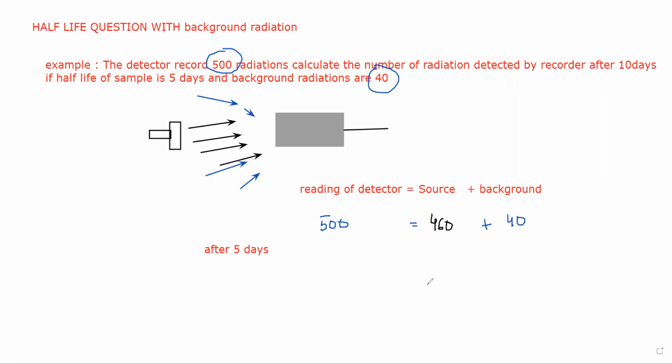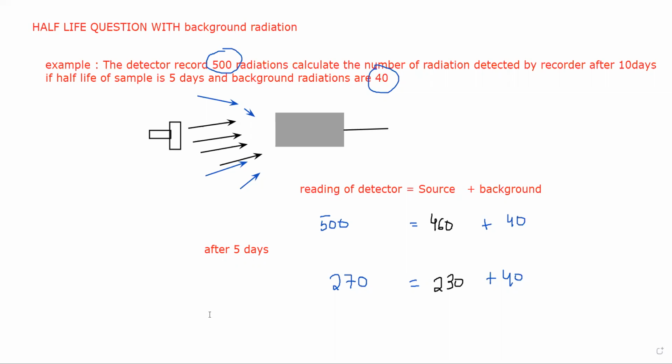That is 230. So source radiation will be 230 and the background radiation is still 40. So how many are there on the detector? That is 270. The background radiation remains constant. Only the source radiation will become half.